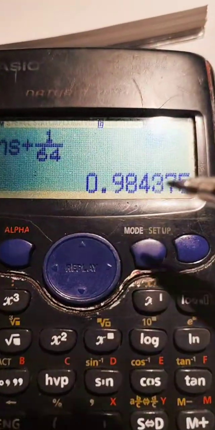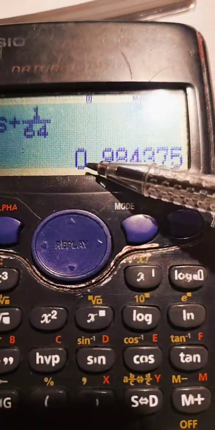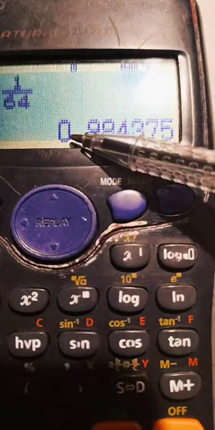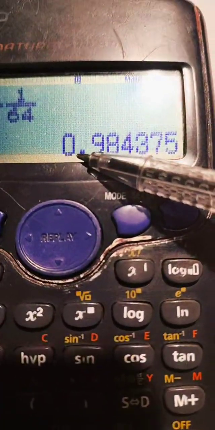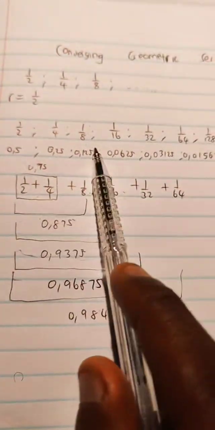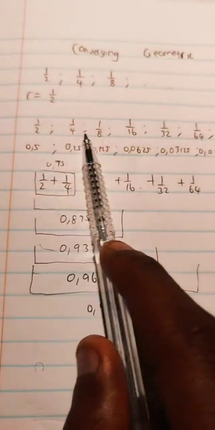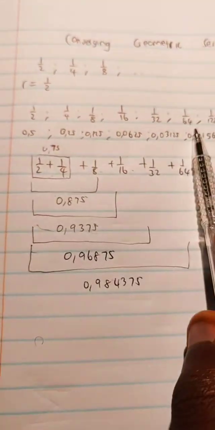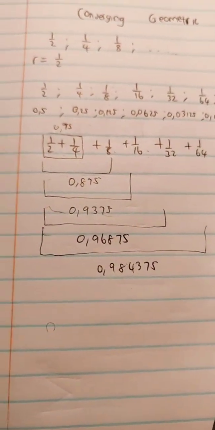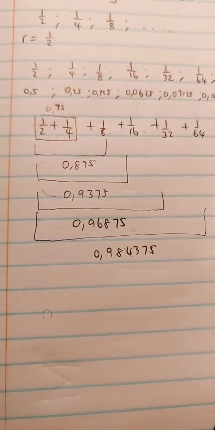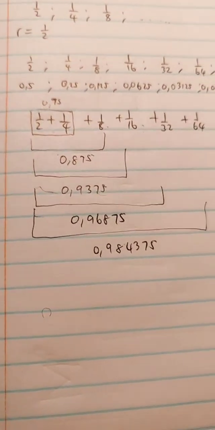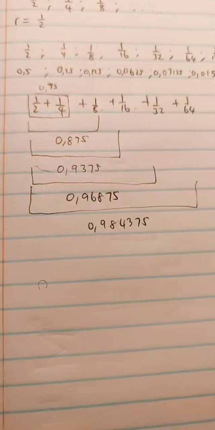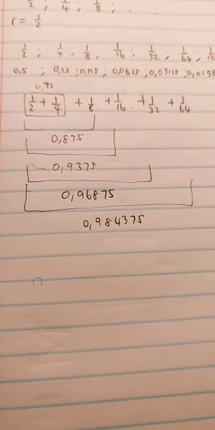You would think we'll eventually get to 1. But let me tell you this. However many terms you decide to add for this particular series, the sum is always going to be less than 1.